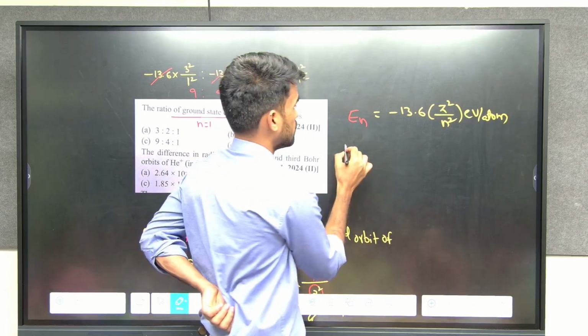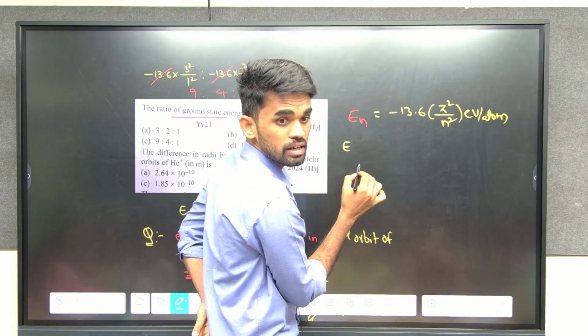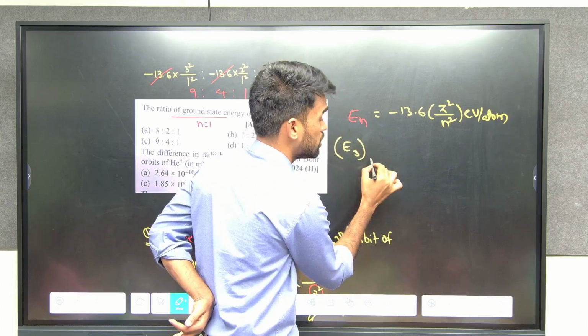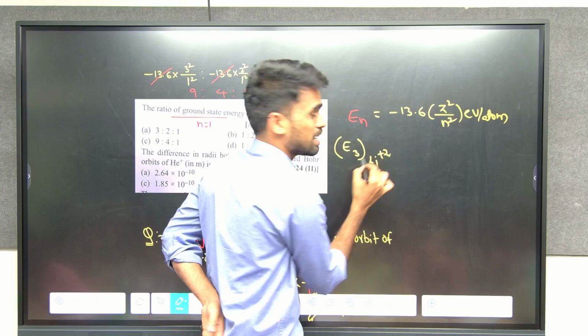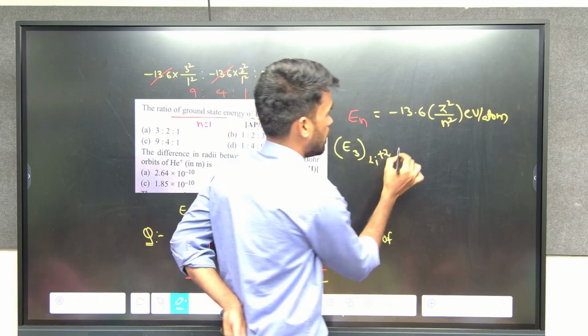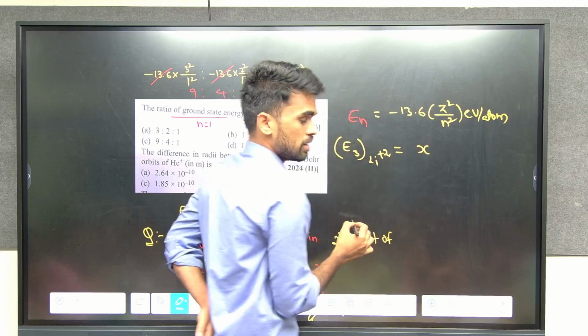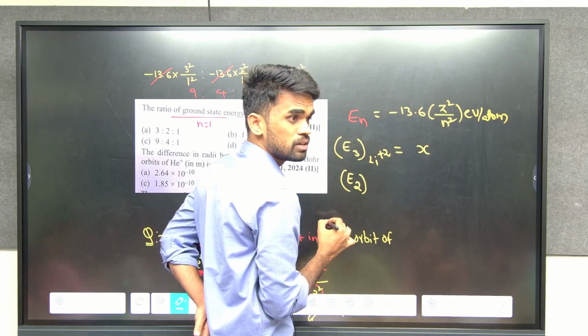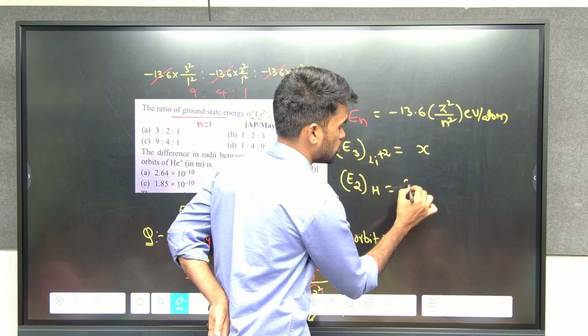Energy of the electron revolving in the third orbit of lithium plus 2 equals x. Next, the energy of the electron revolving in the second orbit of hydrogen atom is how much I am asking.